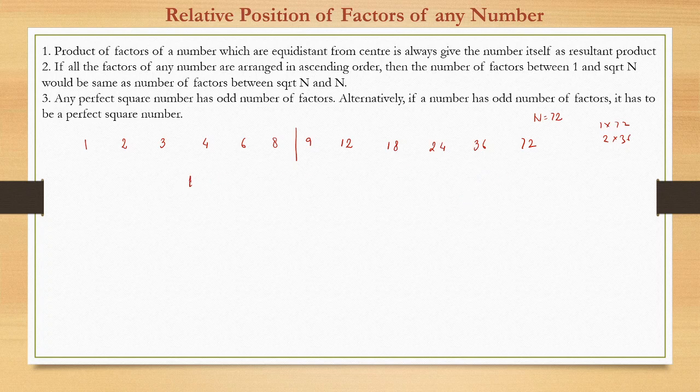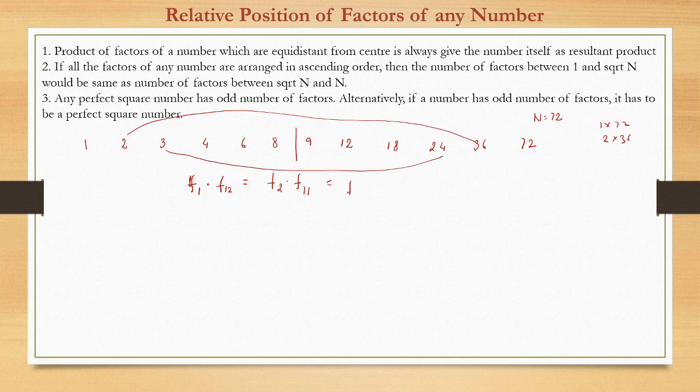So first factor, factor number 1 multiplied by factor number 12 will give the same product. Then we had seen in the previous cases also, factor number 2 multiplied by factor number 11. Did we not see 2 into 36, 1 into 72, 3 into 24?